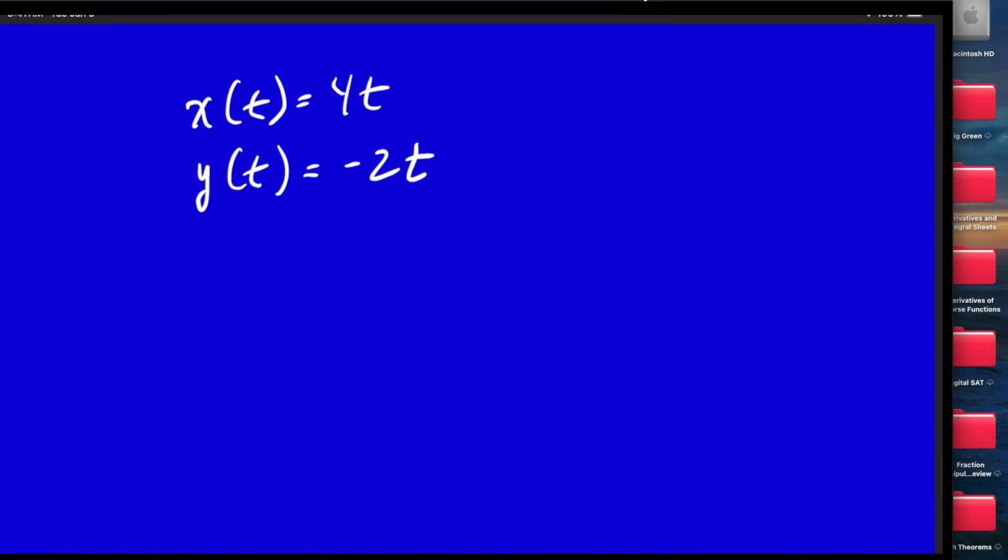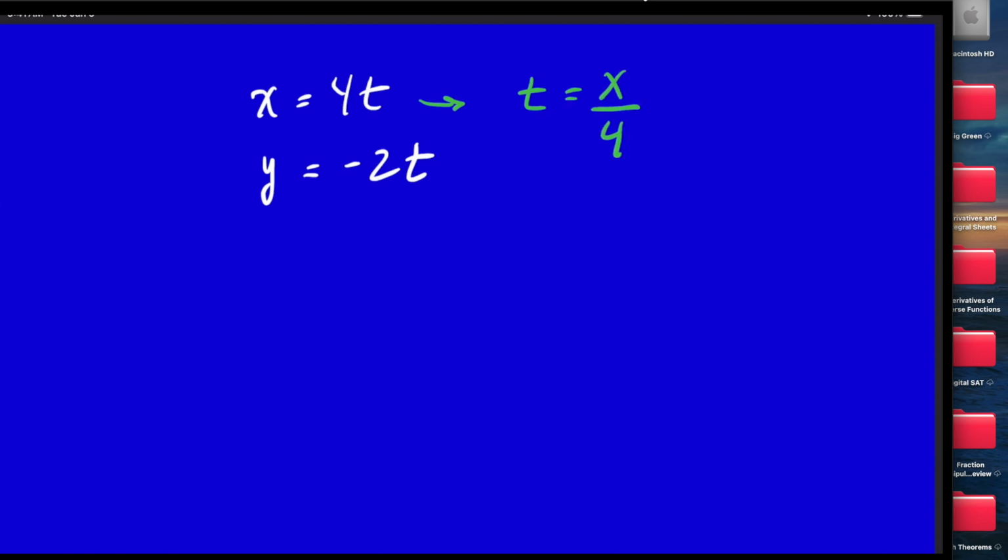Okay, so again, folks, the theme of this video has been don't be afraid of x of t and y of t. You can just go ahead and consider that x and y. So the way to convert from a parametric system to a rectangular equation is to solve for t and substitute. So let's take the top equation and divide both sides by 4, and we'll end up with t equals x over 4.